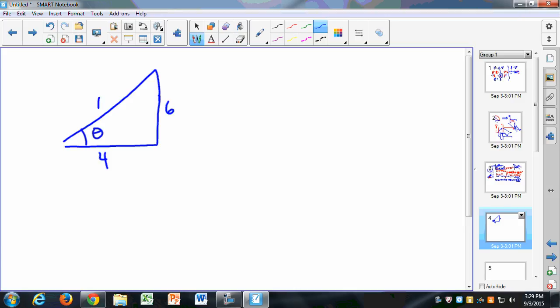I have to give you 3 pieces of information, because you can't find theta with just 4, right? So I could find h, which is just the square root of 4 squared plus 6 squared.